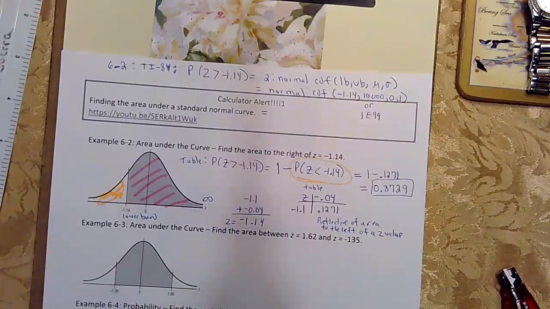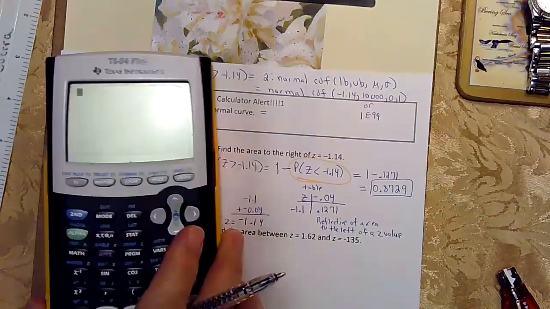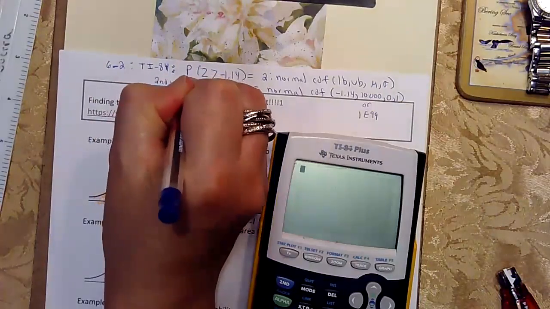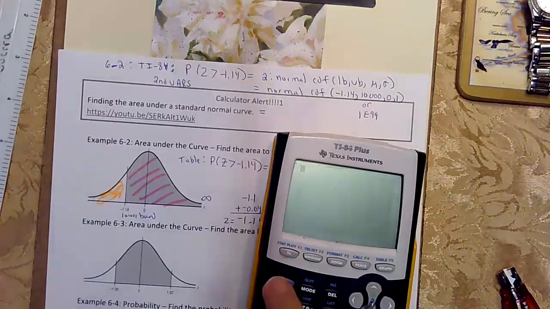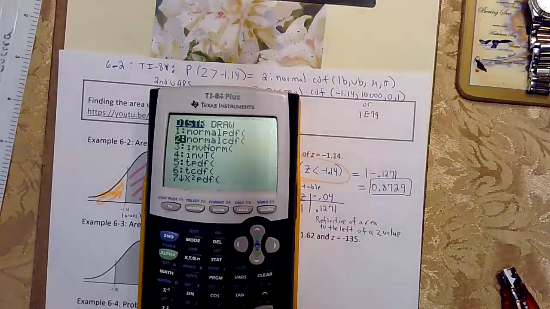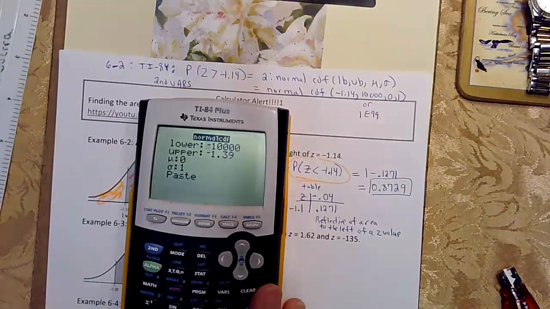So when we do that, 2nd, vars, so remember you start off with 2nd vars, and then number 2, and then negative 1.14, and then 10,000, and then 0, and then 1.